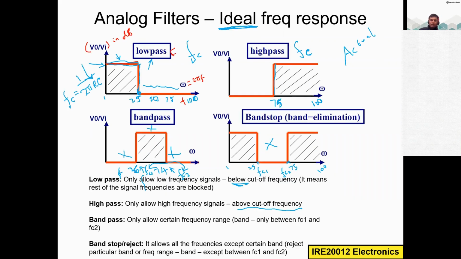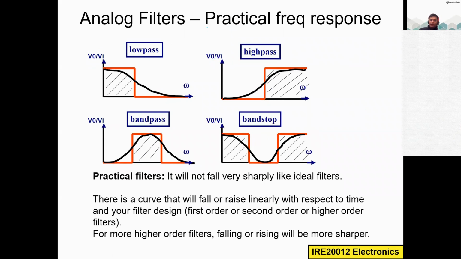So as I said, this is the ideal frequency response. Now we will see the practical frequency response. Practical frequency response means what is happening in a real-time filter. So I designed the low pass filter, and I want only from 1 to 25 kilohertz. It's not sharply falling down at 25.